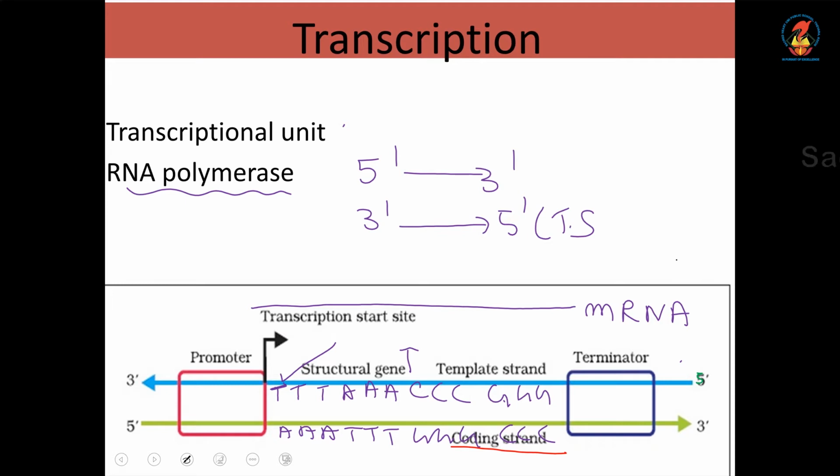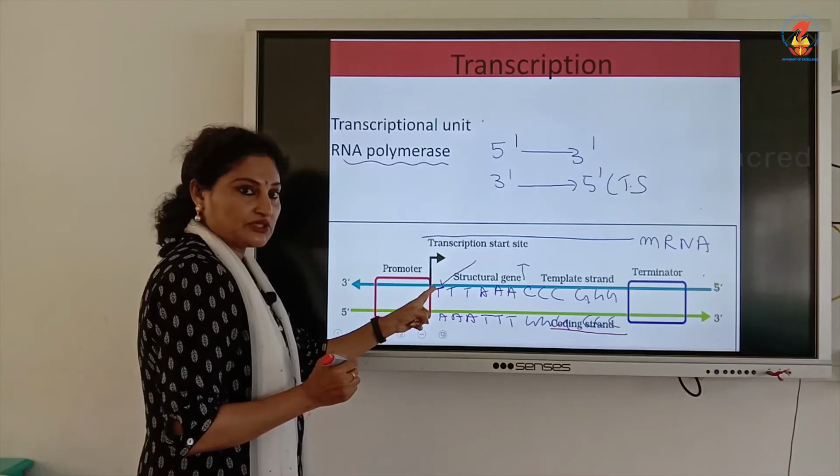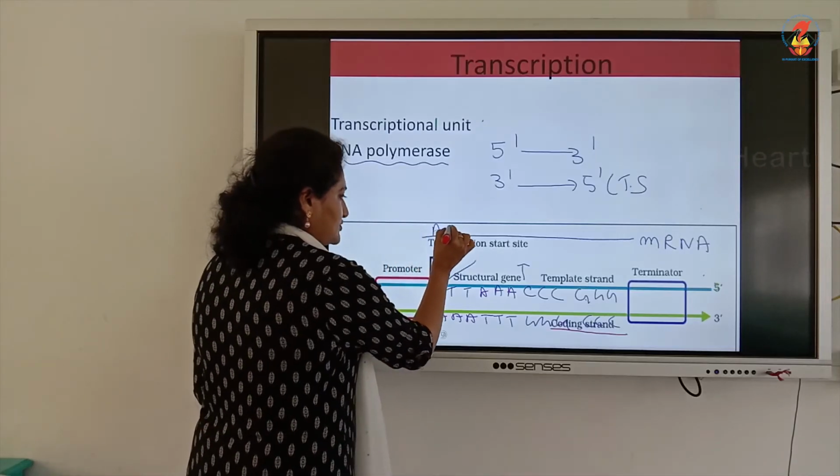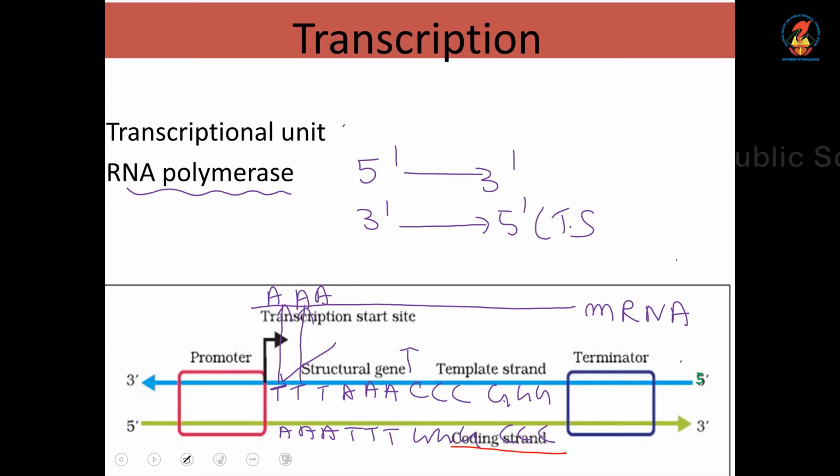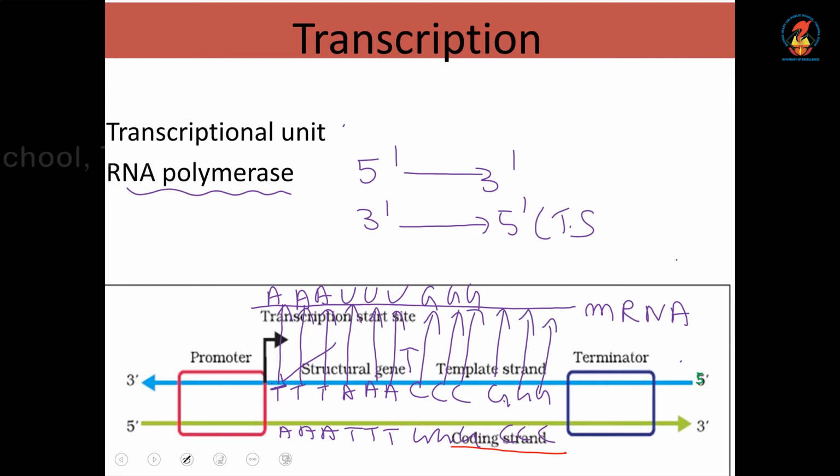For T, what is complementary to T? It is A. Now, for A, what should be the complementary? It's an RNA, it is U. Then for C, it is G. And for the G's, it is C.